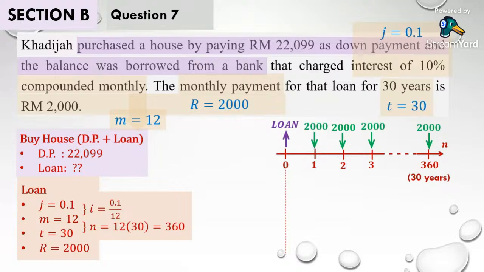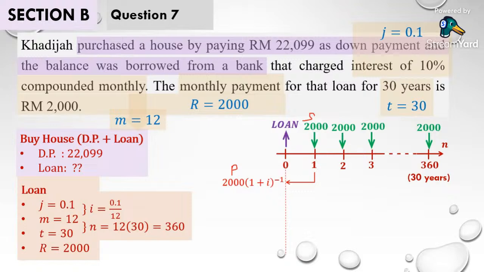So for the first 2,000, if we go back to the present time, I will have a present value of 2,000 multiplied by (1 plus I) to the power of minus 1. Watch out carefully: this is just the simple idea of compound interest, where this is the P and this is the S for this transaction.